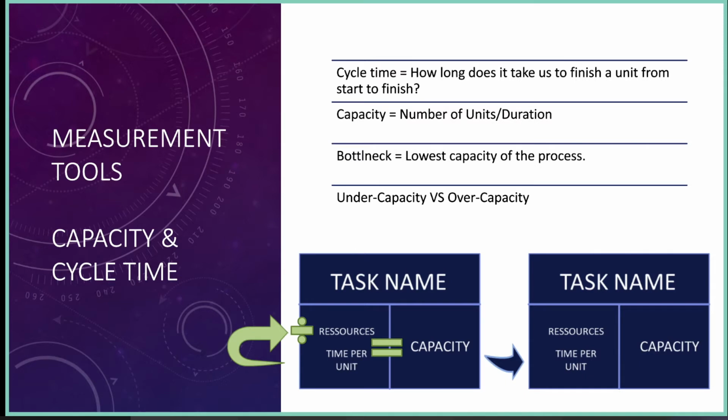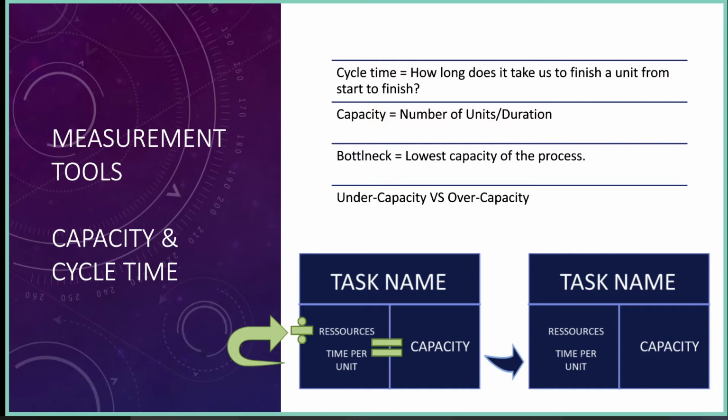Now let's move on to capacity. Capacity is basically how many units you can produce per hour, per minute, per time unit. And that is calculated by dividing the time that it takes per unit with the resources to get your capacity.